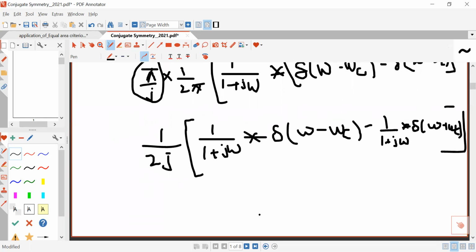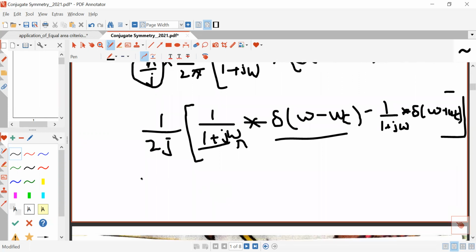And as you know, when you convolve any signal with delta(omega minus omega_c), then this omega will be replaced with omega minus omega_c.